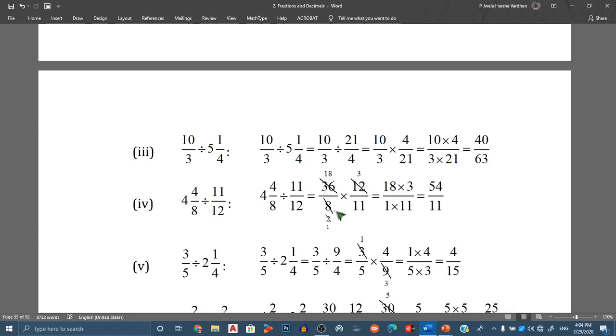First I am taking the 4 table here. 4 2s are 8, 4 3s are 12. You can take any table, crossly any table, you will get the same answer. So 4 2s are 8, 4 3s are 12 here. And then I am taking the 2 table here, 2 1s, 2 18s. Okay, 18 into 3, 54 by 1 into 11, 11, which is 54 by 11.